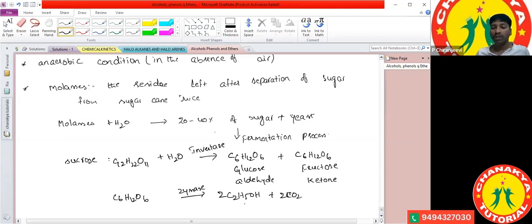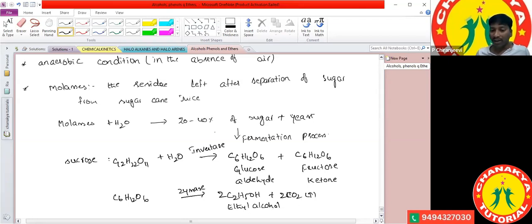So what products form here? First, the glucose in the presence of zymase enzyme is converted into C2H5OH, which is called ethyl alcohol, and it releases carbon dioxide gas.